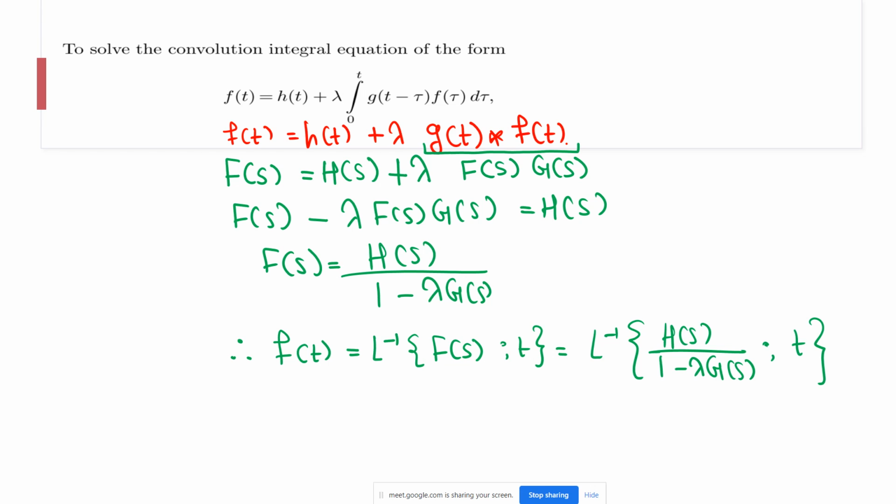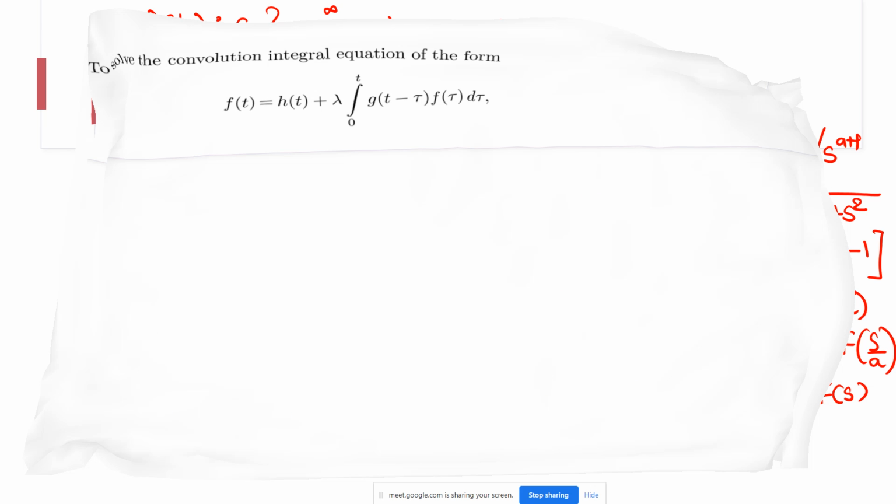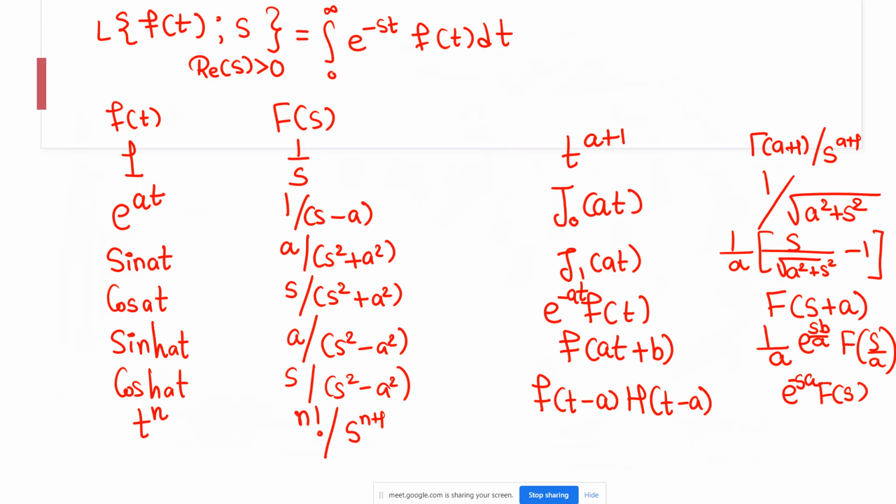Okay, so let's go to the revision, right? Because whenever we want to go for Laplace, this formula should be with us. So just for a few seconds, I'll keep it on the screen because we will be using it. Laplace of 1 is 1 by s, Laplace of e raised to at is 1 by s minus a, sin at, cos at formulas.